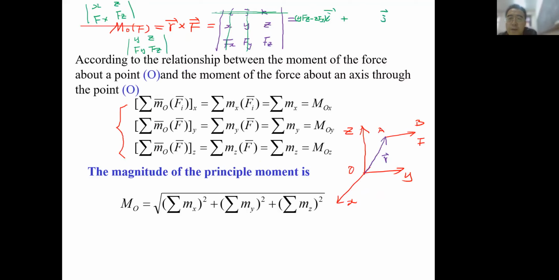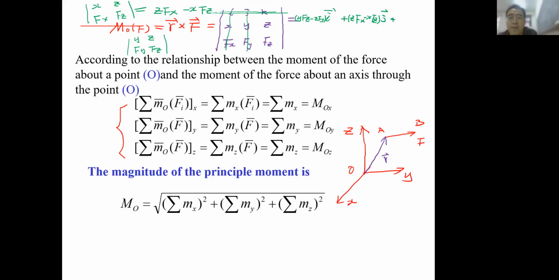You guys should remember that this time we should do the reverse direction. That means this one will be equal to z Fx minus x Fz. You guys maybe have to remember that. It is because of the mathematical knowledge, not our course here. So z Fx minus x Fz.